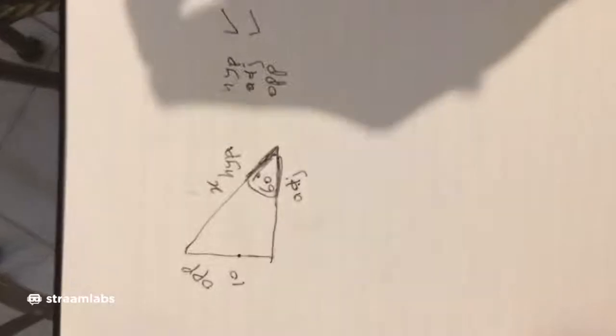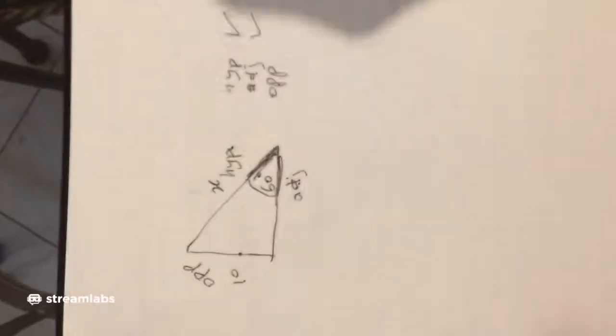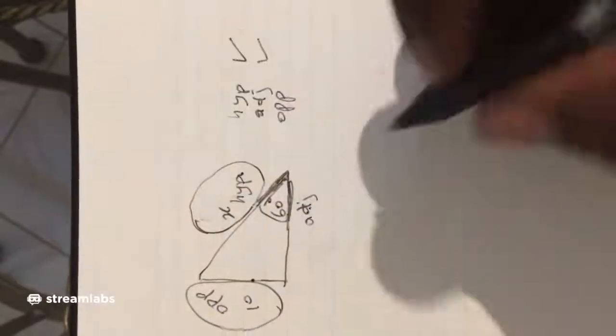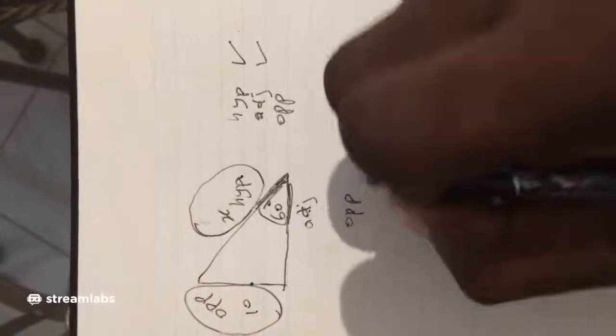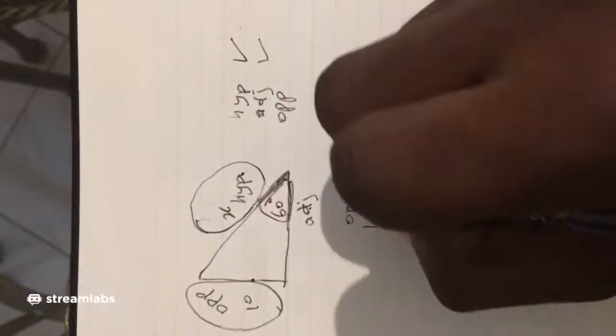What we want to find is the hypotenuse. Since we want to find the hypotenuse, the two sides we are interested in are this side and this side: opposite and hypotenuse.